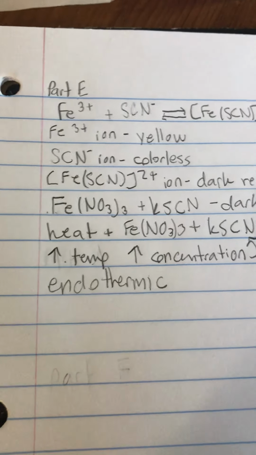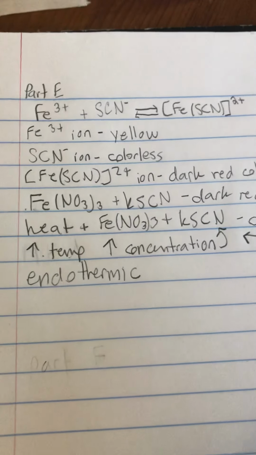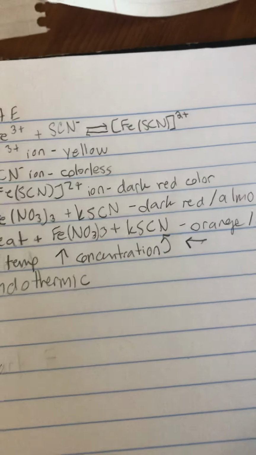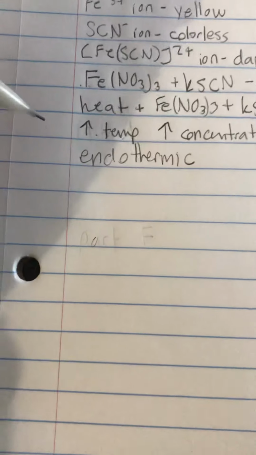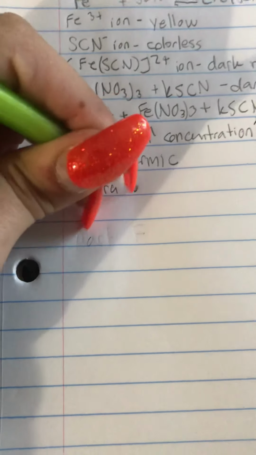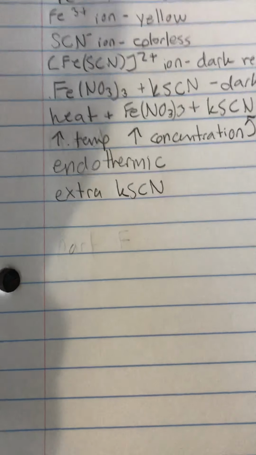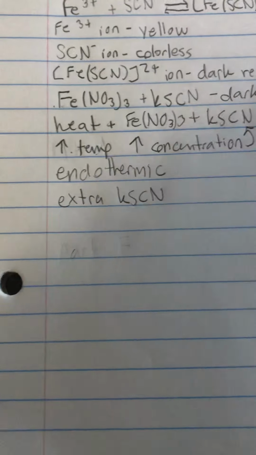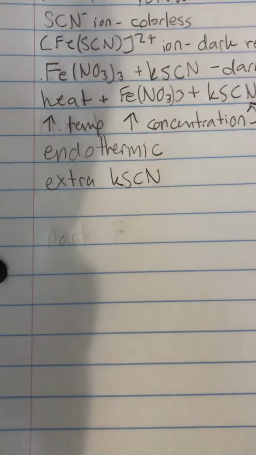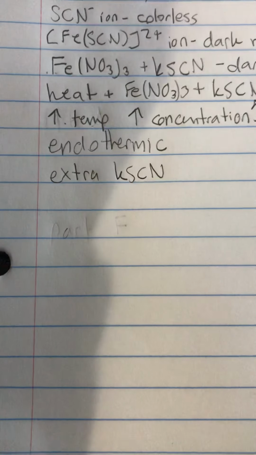After that question, it says, explain the color changes that occurred when excess reactants were added. So, when extra KSCN was added, this made the reactants preferred in the reaction, meaning that the reaction needed to shift to the right.